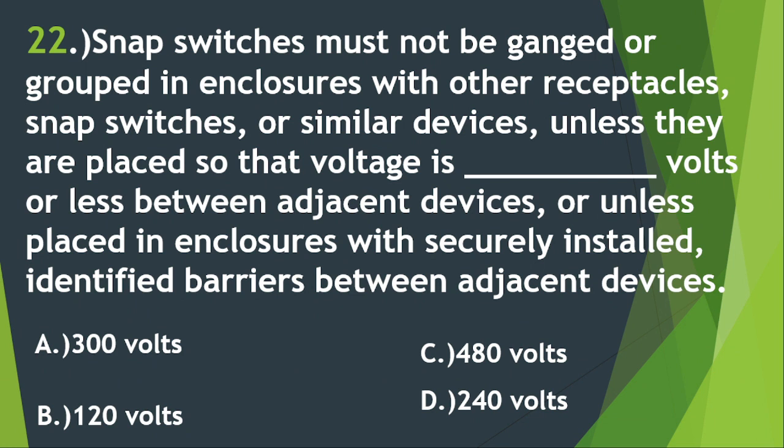22. Snap switches must not be ganged or grouped in enclosures with other receptacles, snap switches, or similar devices unless they are placed so that the voltage is blank volts or less between adjacent devices, or unless placed in enclosures with securely installed identified barriers between adjacent devices.